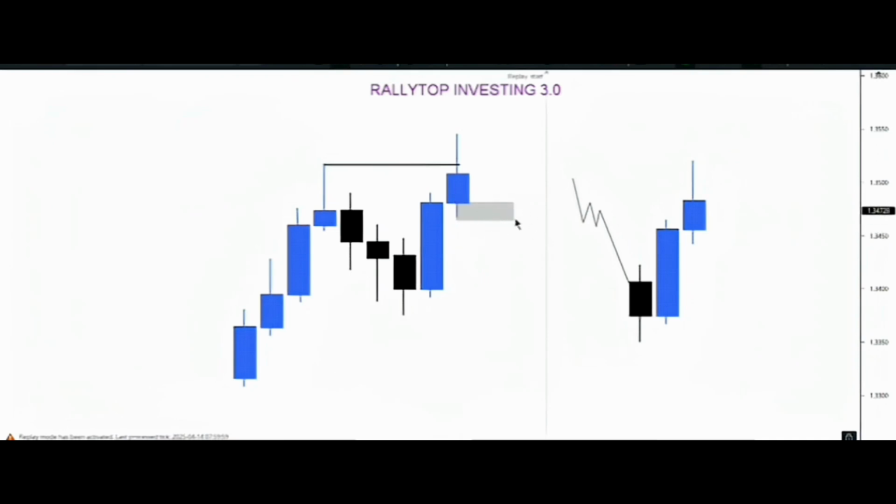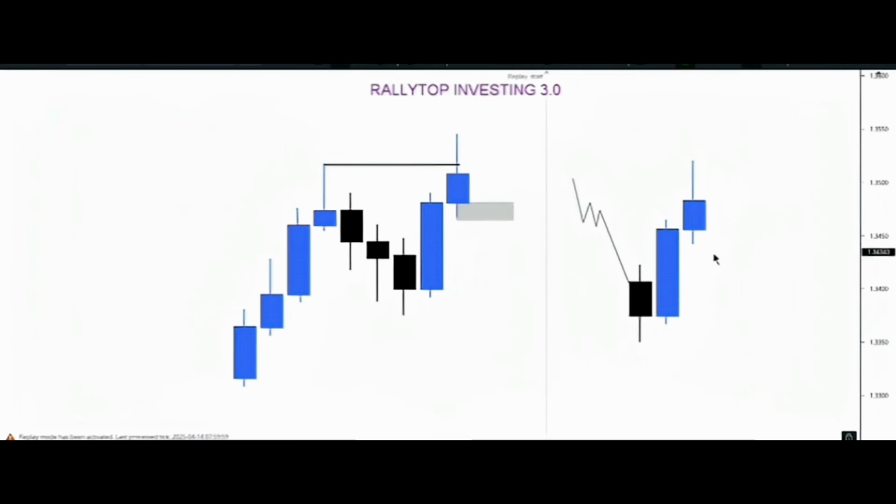And once it taps into this zone, you want to see market structure shift. This is what you want to see. There are two ways of identifying your market structure shift, but this is the way that I use most of the time. So that is all you need. Simple and straightforward. That's all you need.